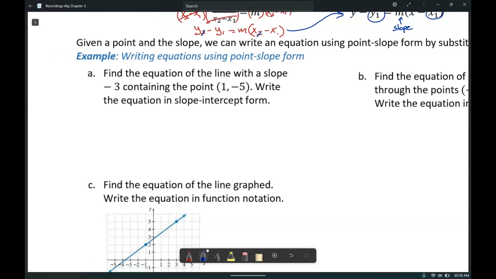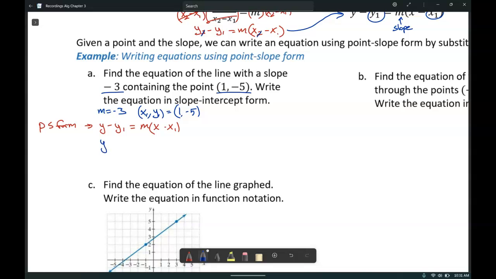So given the slope of a line and a point, so let's write it as x1, y1, given the point 1, negative 5, we can write an equation in slope-intercept form. We're going to start with our point-slope form, y minus y1 equals m times x minus x1, and then once we have it in point-slope form, we can rewrite the equation in slope-intercept.